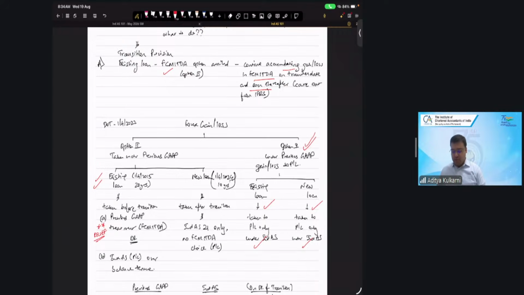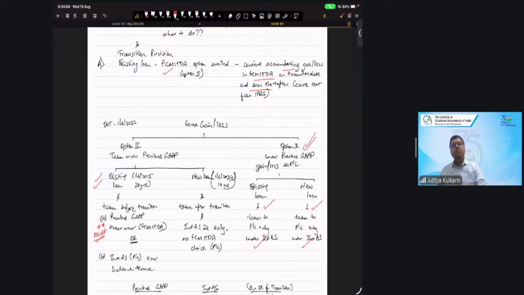The first option: if I have taken the loan before transition and I had availed FCMITDA or the fixed asset capitalization option, I can follow the treatment that was taken in the previous GAAP, that is, capitalization of forex losses or moving it to FCMITDA.